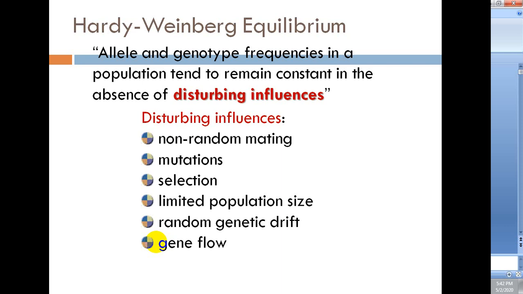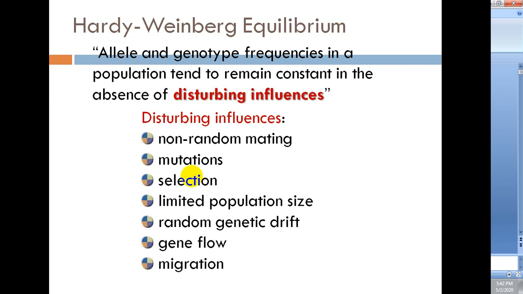So these are the disturbing influences that make the allelic and genotypic frequency change in a population. When these are absent, the allelic and genotype frequency remain constant in a population. That is the principle of Hardy-Weinberg equilibrium. When a population is at equilibrium, there is no change in allelic and genotype frequency.